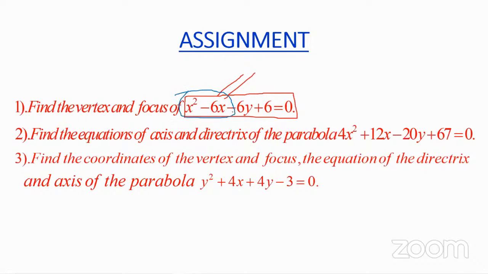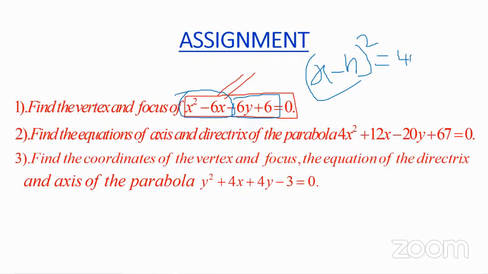Take this to the left hand side and this value to the right hand side and solve into x minus h whole square equals 4a of y minus k. Why am I taking 4a?